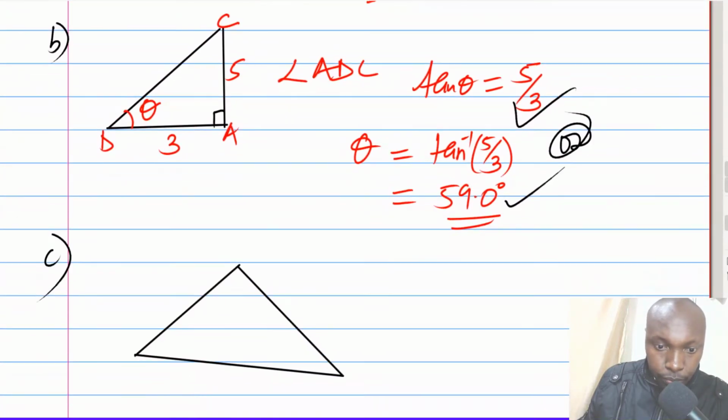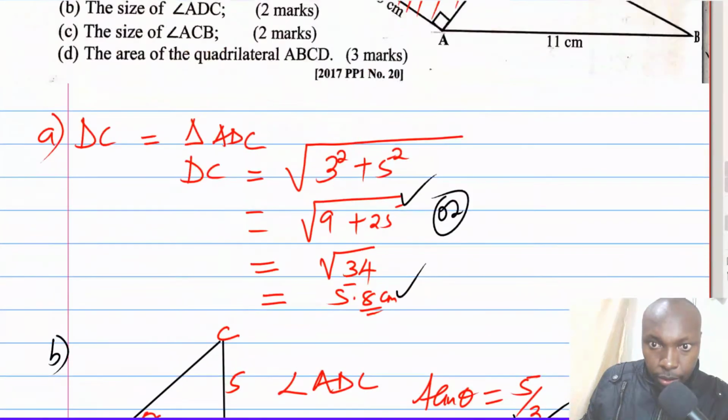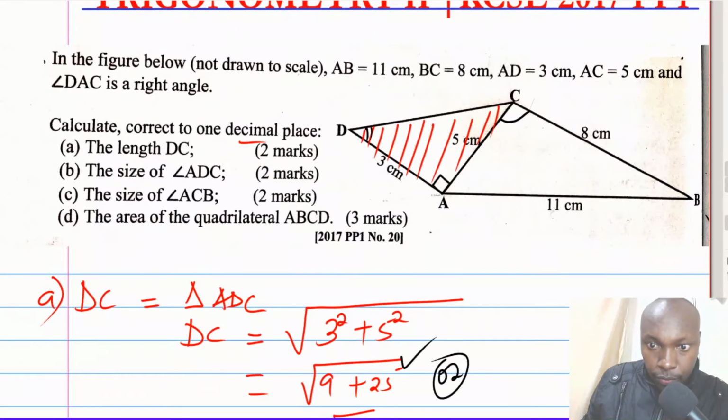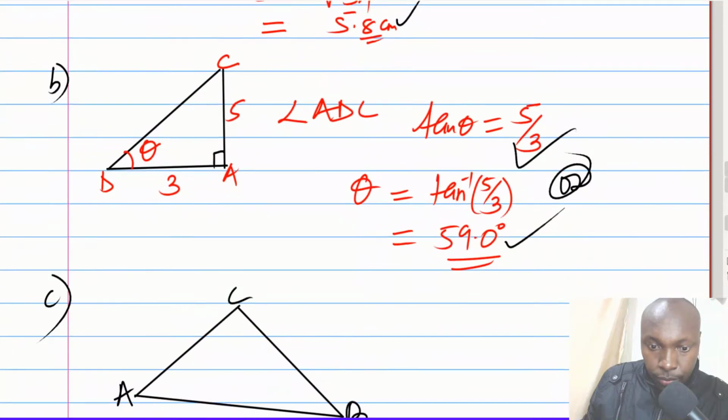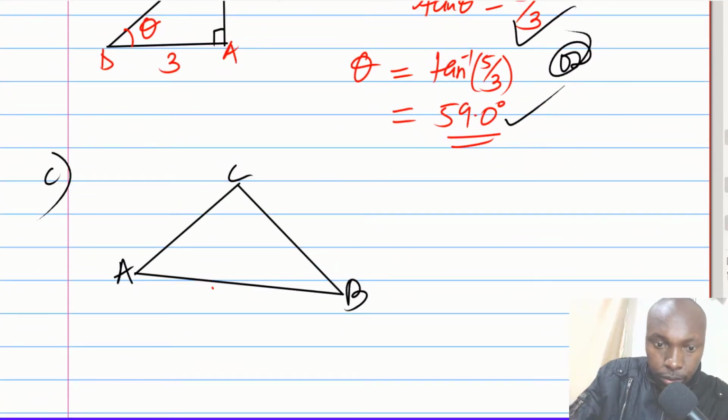I'm trying to extract this. So A is there, C and B. Then we indicate the measurements. The measurements are 11, 5 and 8. So this is the angle that you're required to get in the triangle.